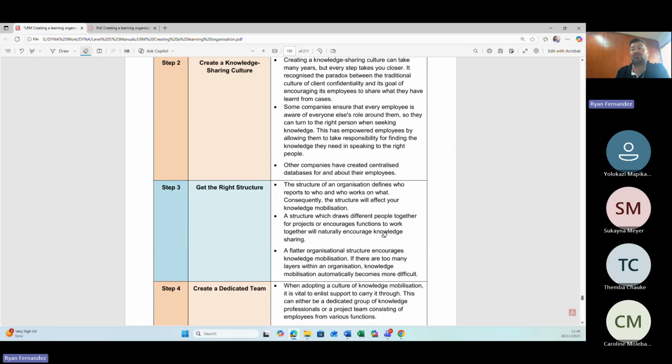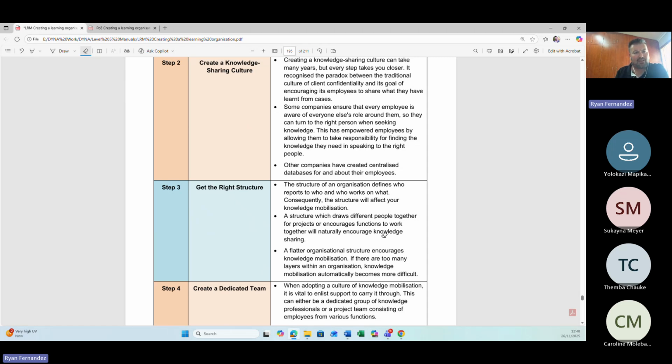Then we need to get the structure right. What you'll find is that if there's lots of levels of structure and lots of authority and lots of reporting, where one person reports into a higher person, it's very difficult to share knowledge. We have got to get the organizational structure right. And so we often say that we need to flatten the structure so that we work closer with other departments.